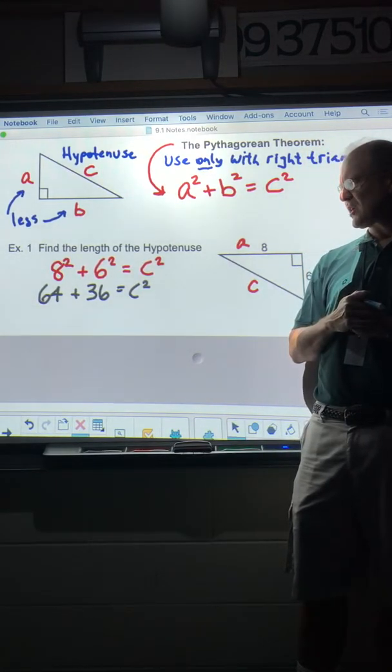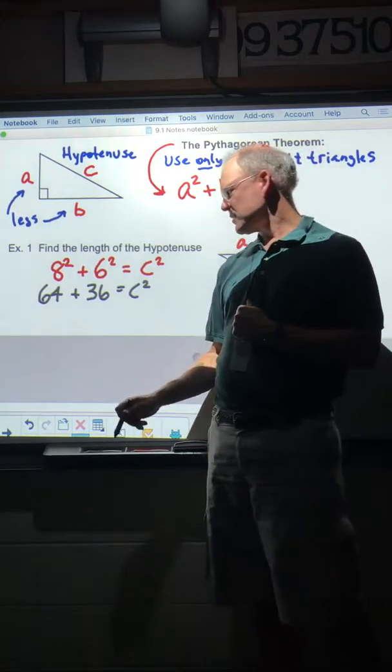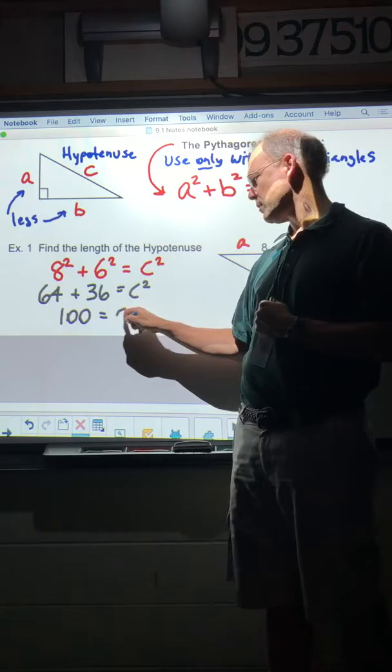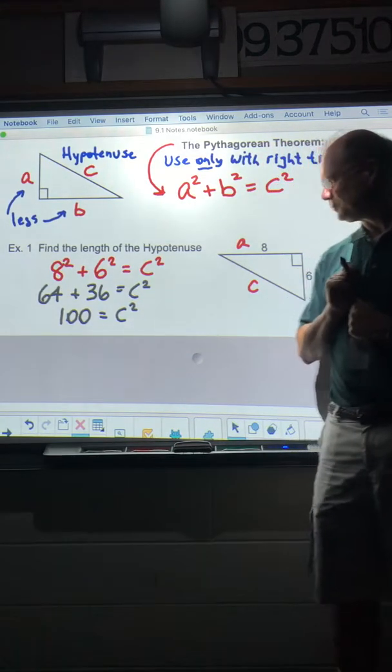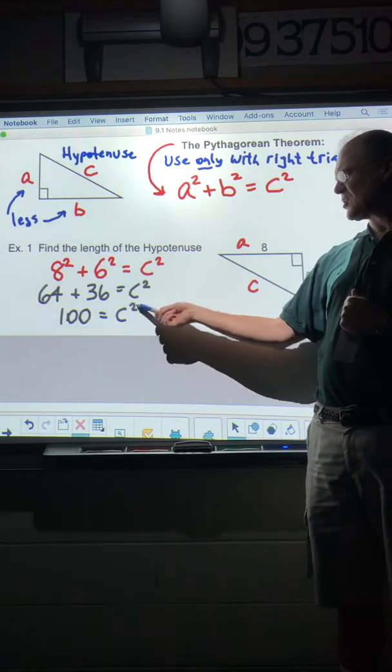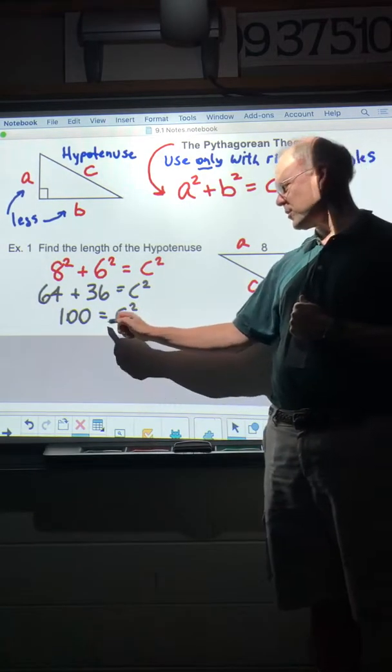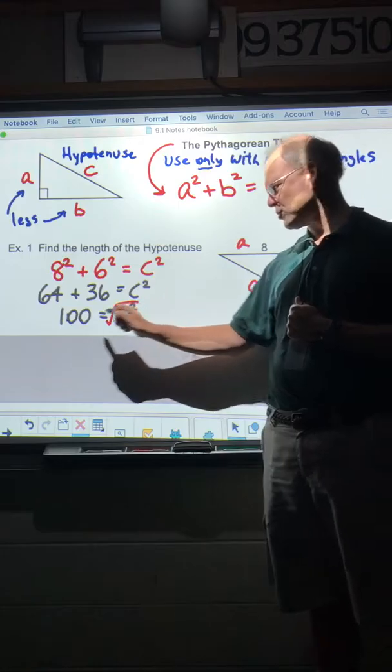Add those two numbers together. 64 plus 36 is 100. And then that's C squared. So we get rid of that exponent by taking the square root.